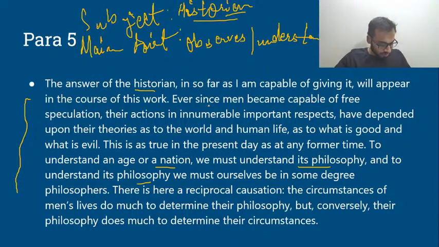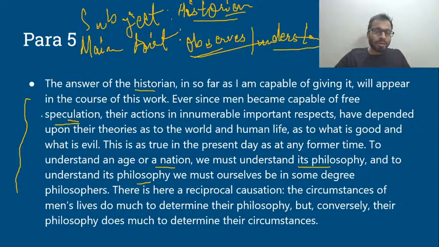Main point is speculation. Okay, what is the speculation here, Anushka? If you could build upon this, because to my understanding the main point is they are telling us how historians view society, how historians observe society, and how historians understand society. Where is the speculation? Ever since men became capable of free speculation, their actions in innumerable important aspects have depended upon their theories as to the world and human life, as to what is good and what is evil.